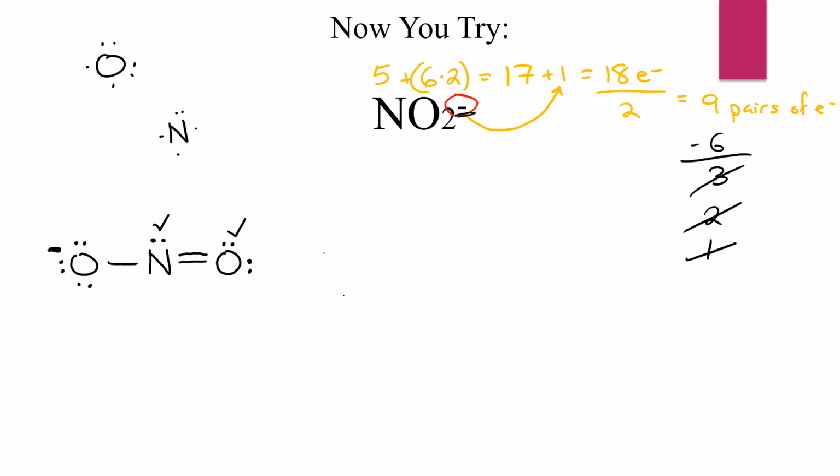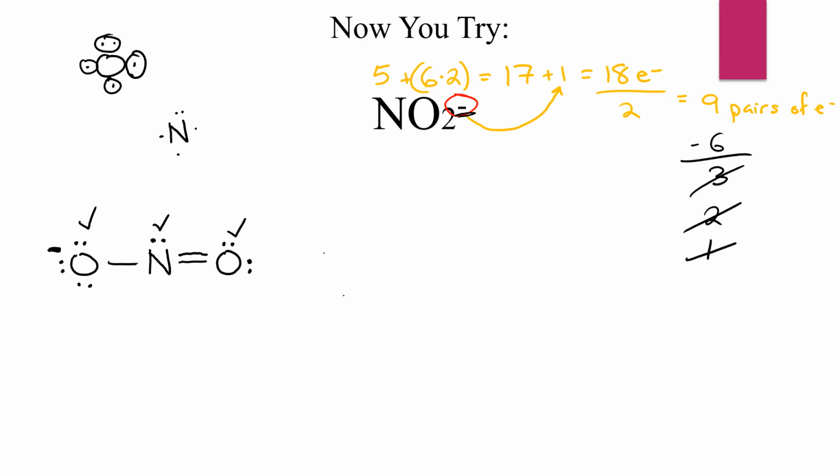It has 1 extra electron on it, where it normally wouldn't, because again, it normally has only 2 lone pairs. So I'm adding that negative charge there. All of them are stable.